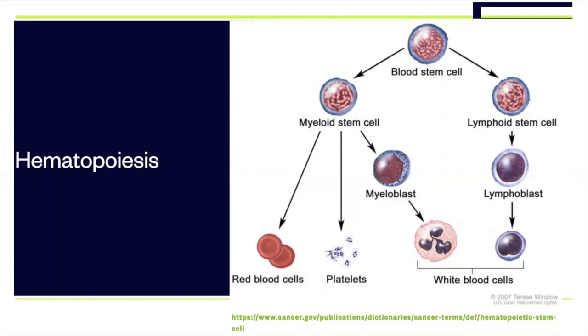Now, why am I mentioning this? Because even though the bone marrow is the primary site of hematopoiesis, there are extramedullary sites of hematopoiesis, such as the liver, the spleen, lymph nodes, etc. Why is this important to mention? Because this is going to give rise to some of our very important clinical signs, which we'll see next.